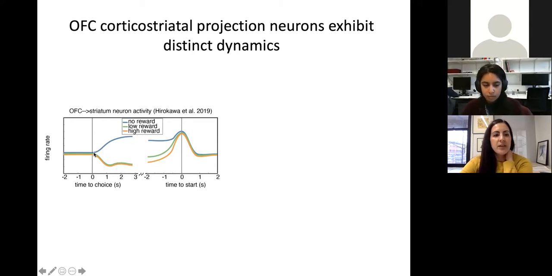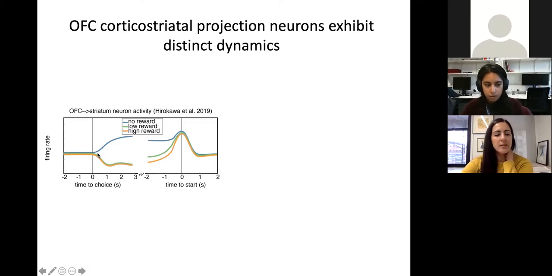After the choice, their OFC to striatum neurons had higher responses following unrewarded compared to rewarded trials. Then leading up to the subsequent trial, there was a graded representation of what they called negative value, because there were higher responses following unrewarded trials and lower responses following high rewards.